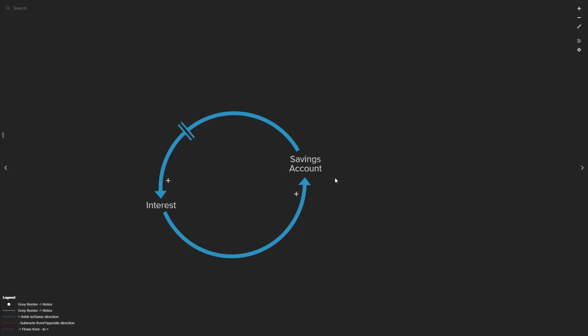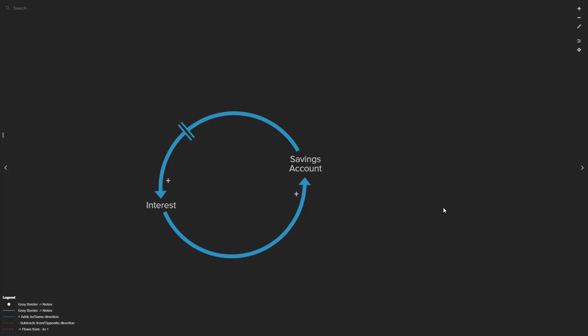And if time stopped, whatever money was there would still be there. Whereas interest is something that's calculated, it's simply a variable. And once it's calculated, it adds to the savings account. So it's really only there for the moment that it's calculated, and then it ends up being somewhere else.